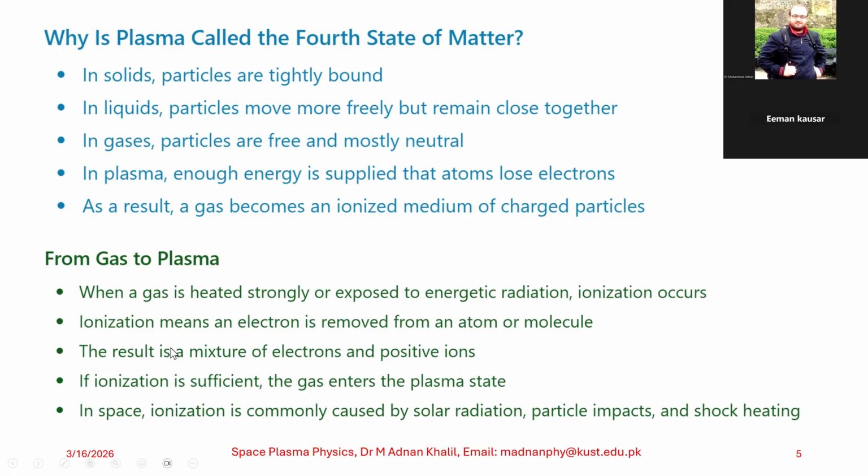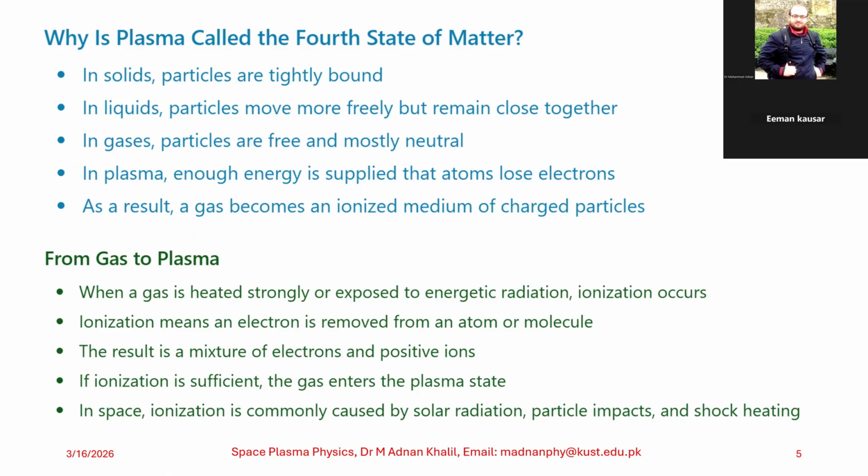So in the first part of this course, we'll focus on those criteria for the generation, or creation, of the plasma state. Since this course is not about plasma in general or laboratory plasma but is dedicated to space, in space ionization is commonly caused by solar radiation, particle impacts, and shock heating.